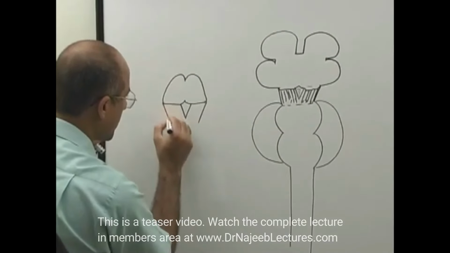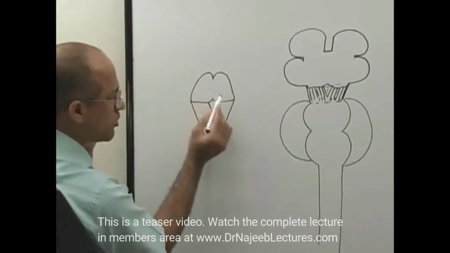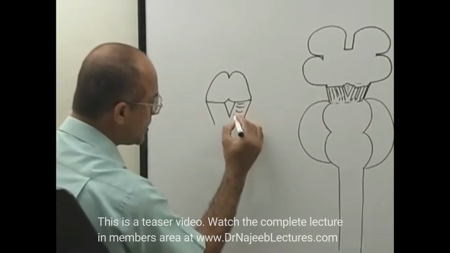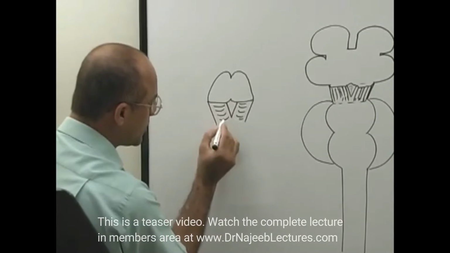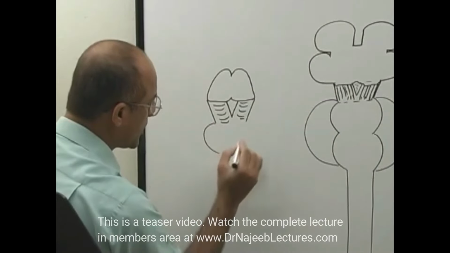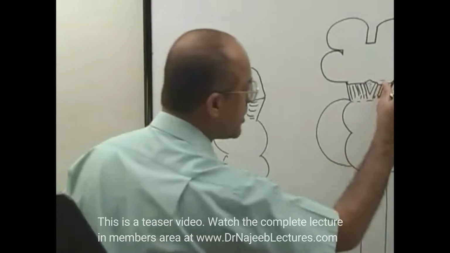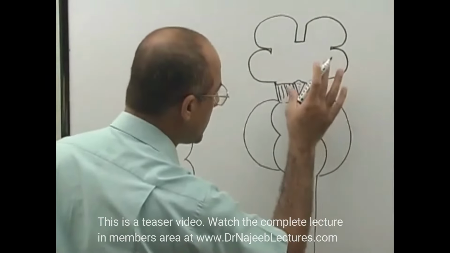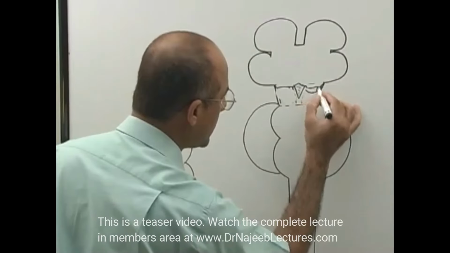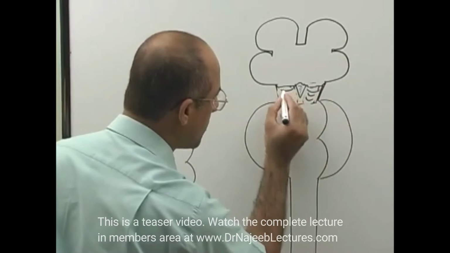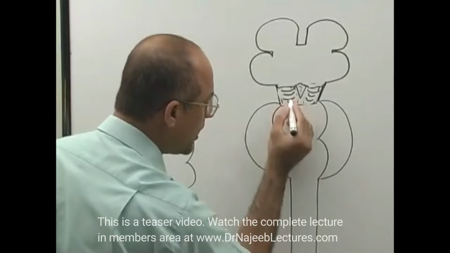If I bring it out, the midbrain from the front will look like this. I've made a section of the midbrain at the top, and of course here is the pons. I'm just changing the diagram a little. This structure, this column, is like a longitudinal column.